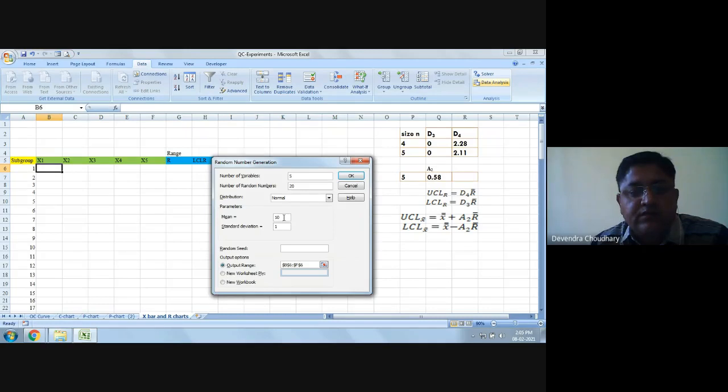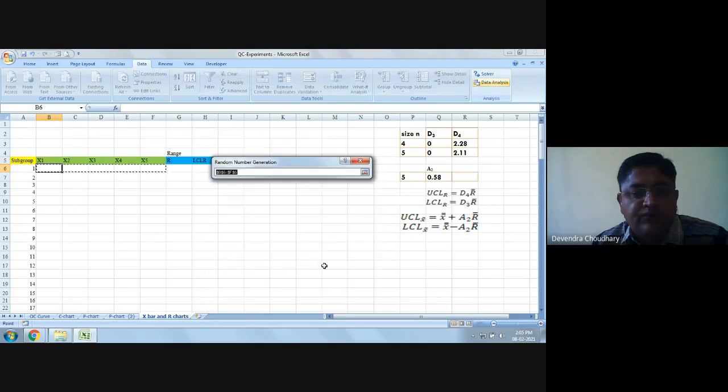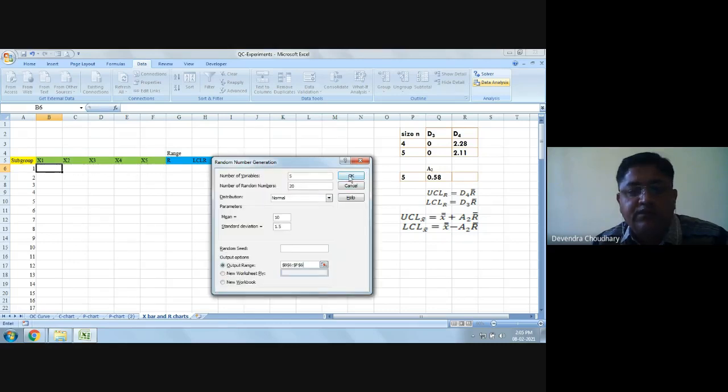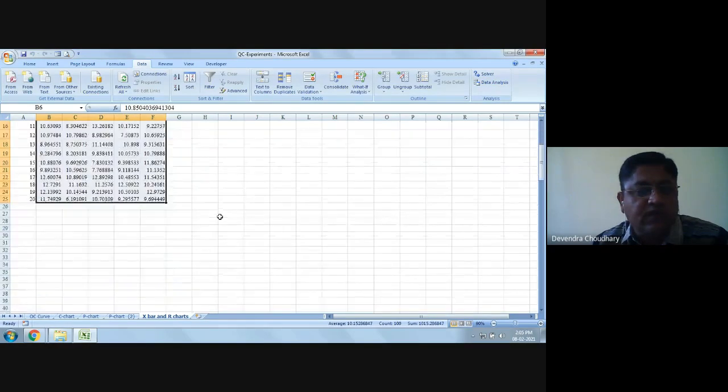We take the normal distribution, and the mean of the ball is let's say 10 mm, and standard deviation is, let's say, 1.5. Okay, and we put the output value here, so we select here and press OK. So these values are generated.